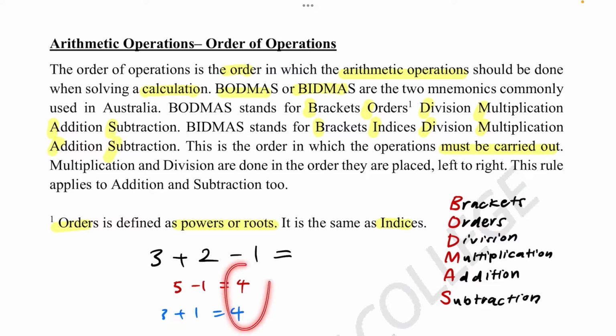So it basically gives the same answer. It might be easy just to do it in the order that it's shown, but you can do subtraction and addition, and the same with division and multiplication, whatever way you would like.